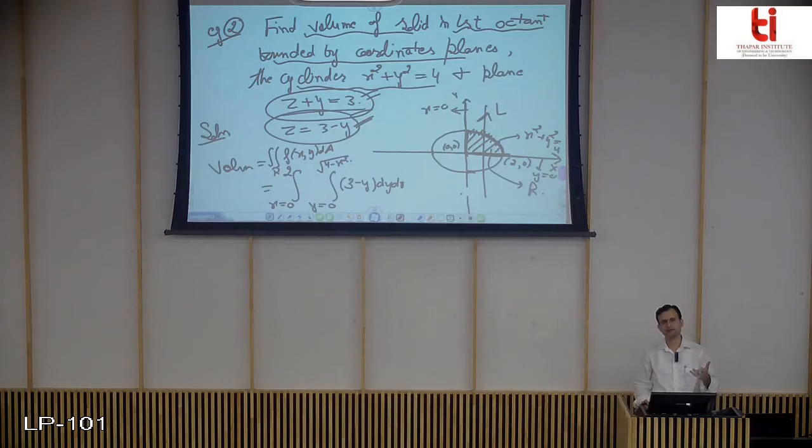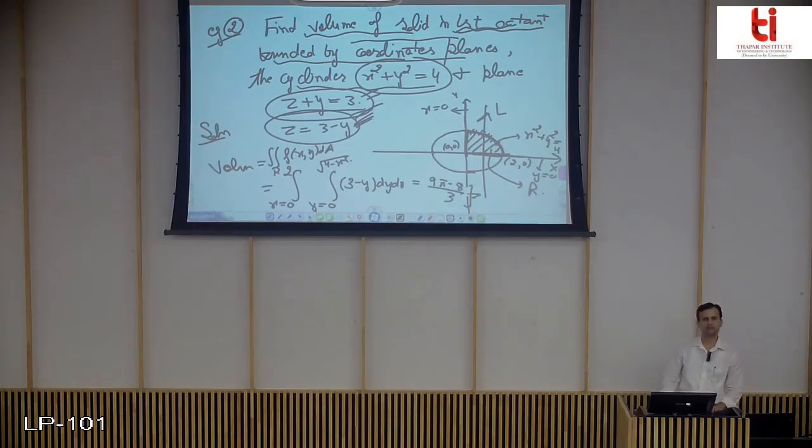That will be clear to you only when you see how this cylinder will be in 3-dimensional space, what those coordinate planes are, and what this surface will be. The surface here was a slanted plane that I showed you in the figure. So you can solve this to find the answer 9 pi minus 8 by 3. So this is the solution in this case.